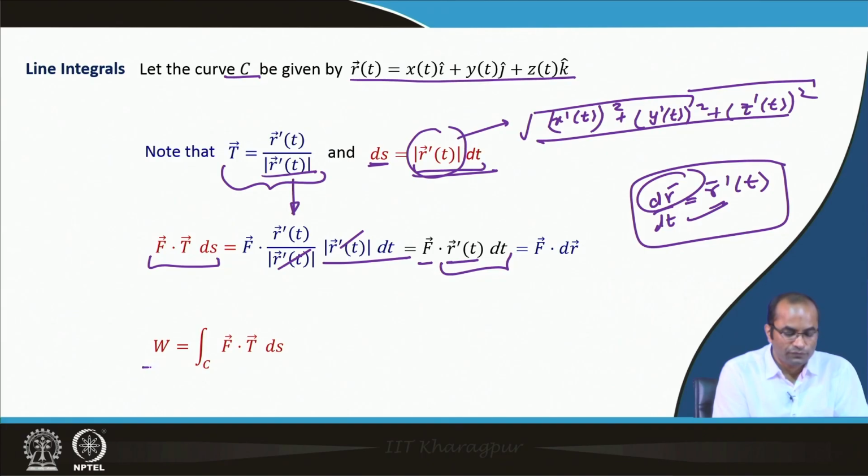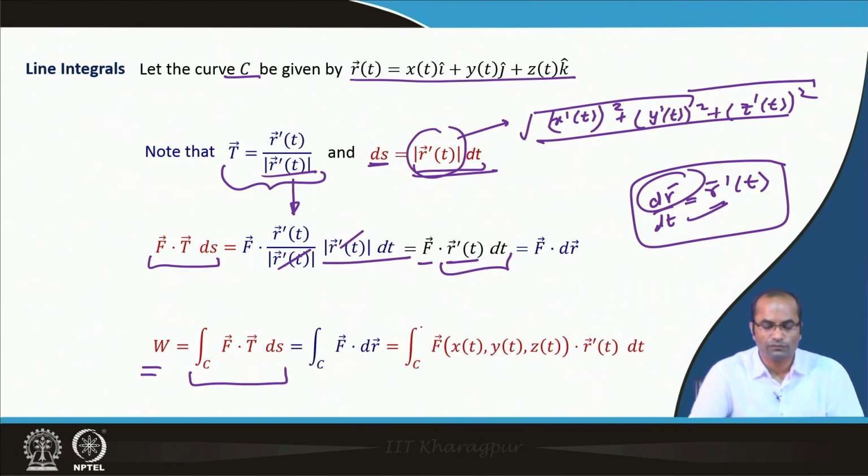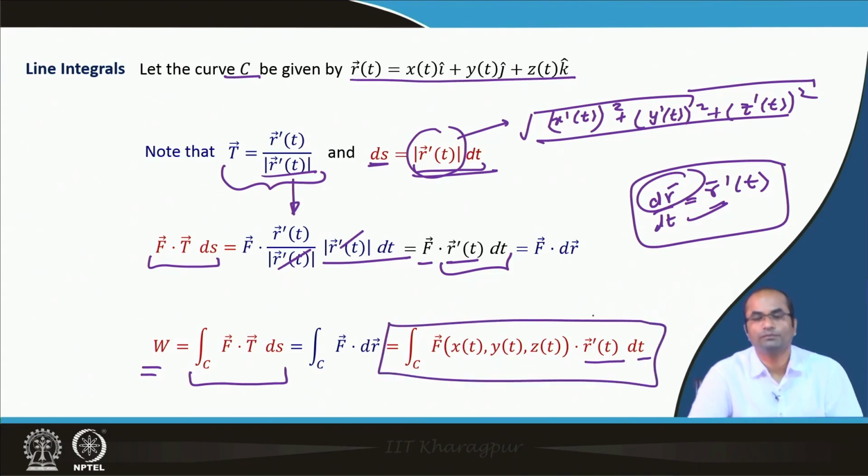So, the total work done we can express as this curve integral, or line integral, of f dot t ds, where t is the unit tangent vector, and we have seen that we can write it as f dot dr, or as f dot r derivative dt.